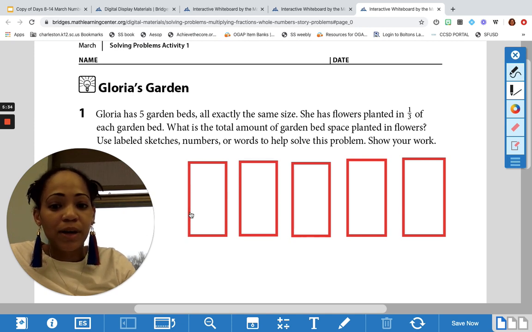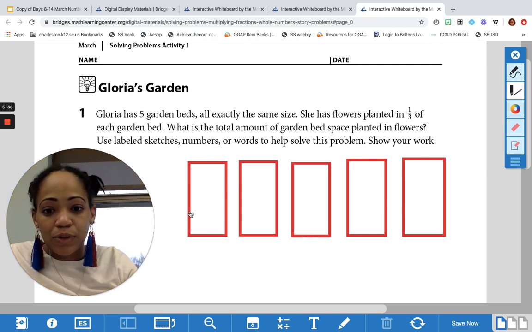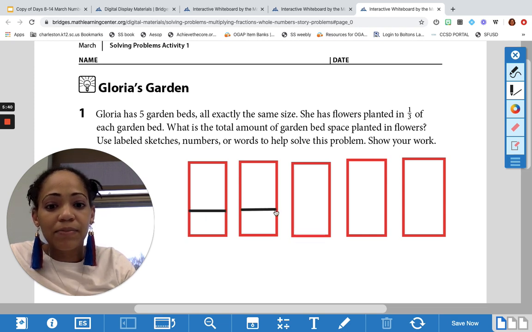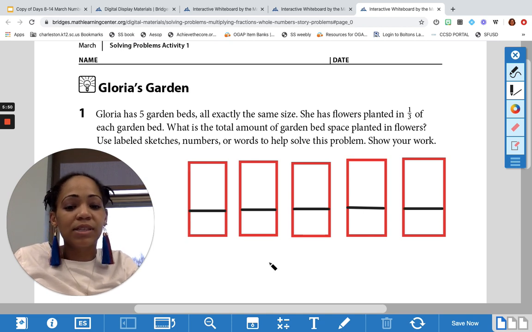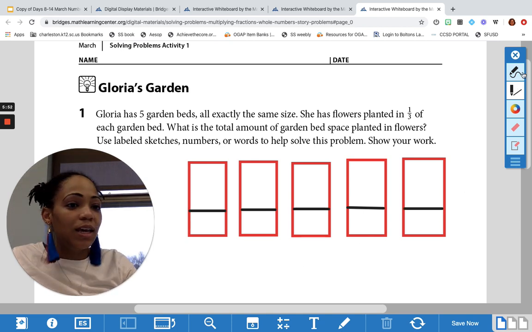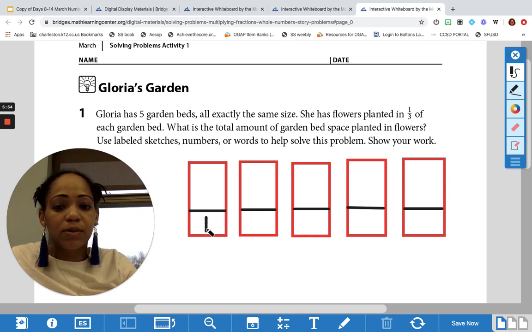So here's what I'm going to do. I'm going to represent 1/3 of this garden, which would be about right here, maybe. So 1/3, 1/3, 1/3, and 1/3. Make sure you guys are representing the same thing in your workbook. So here's some flowers. Here's some more flowers.